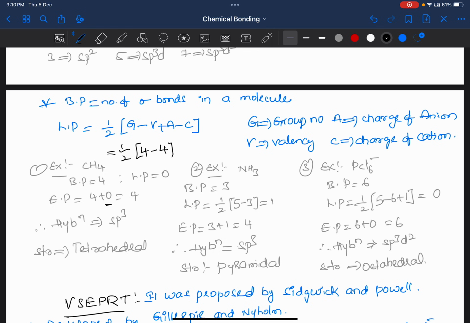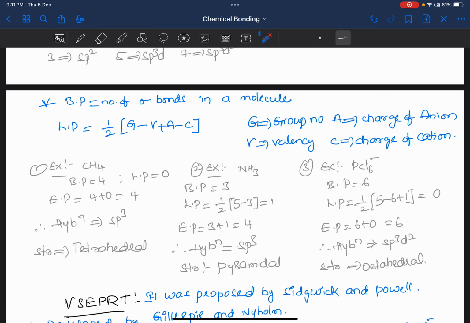That's why I wrote 0. Therefore, in the methane molecule, bond pairs are 4 and lone pairs are 0. So carbon exhibits sp3 hybridization and its structure is tetrahedral.